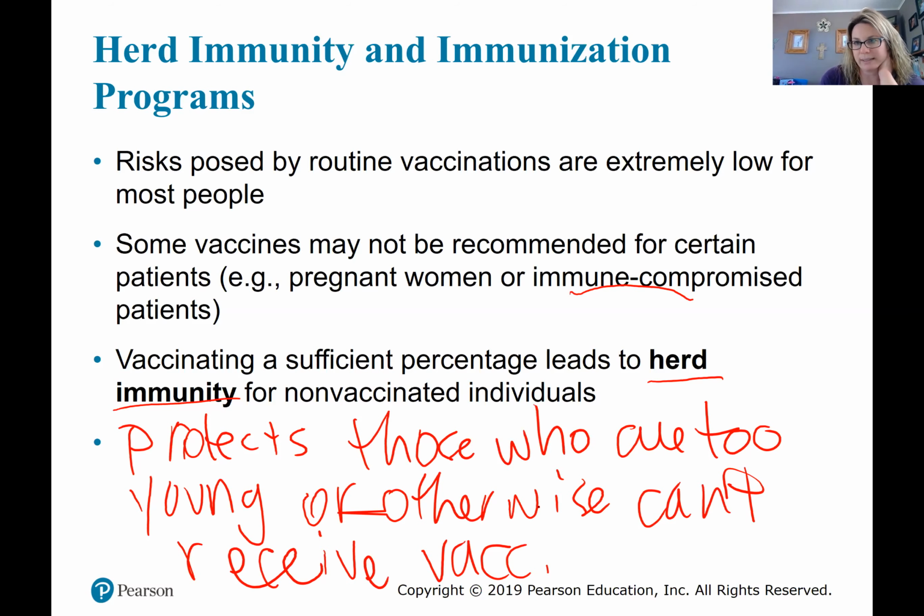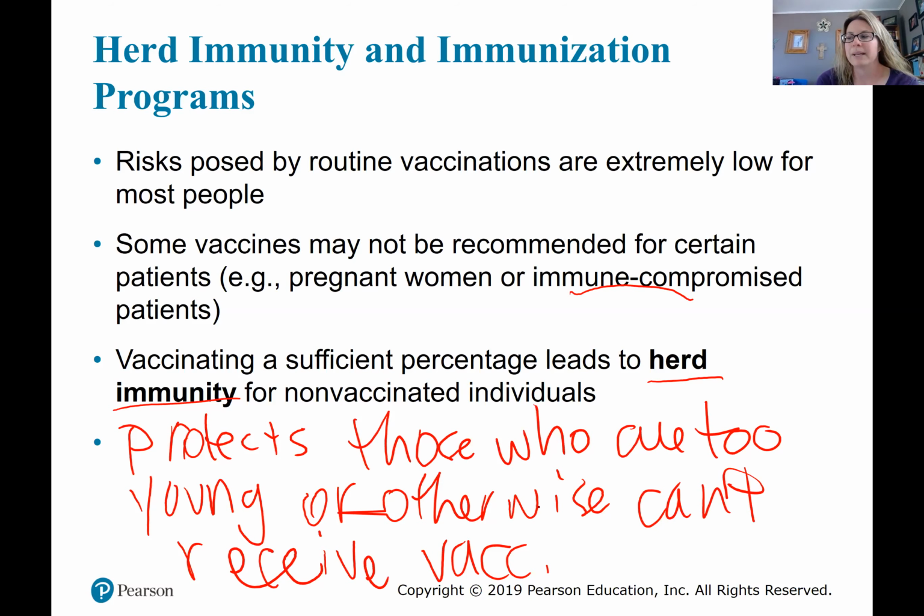when mom is pregnant, a lot of times they'll recommend that she gets the tetanus, diphtheria, and whooping cough vaccine while she's pregnant or very soon after birth, because baby is not going to be able to receive that vaccine until it's older. And so whooping cough is very, very deadly for young children.